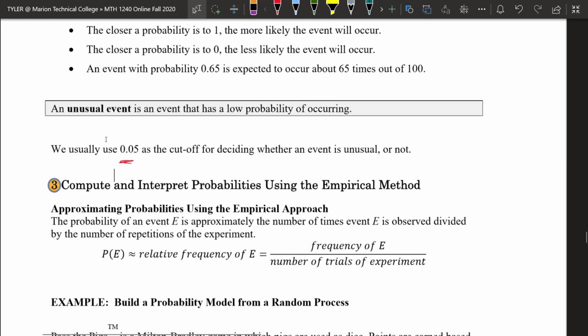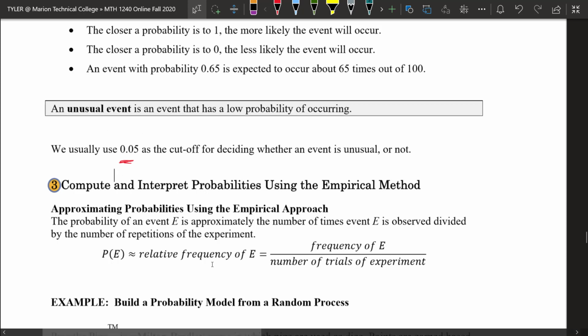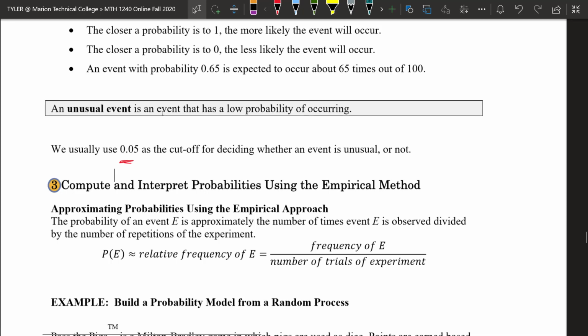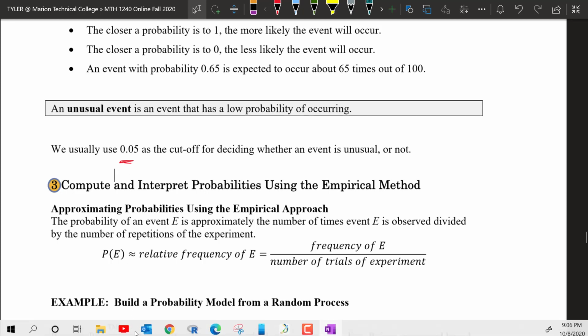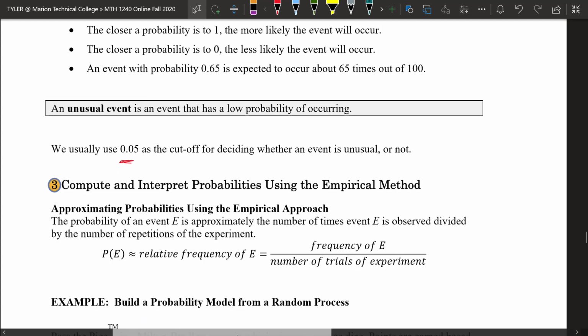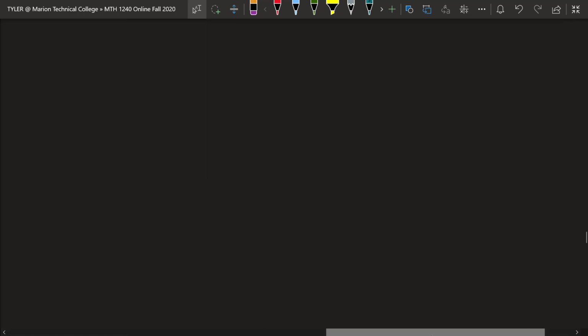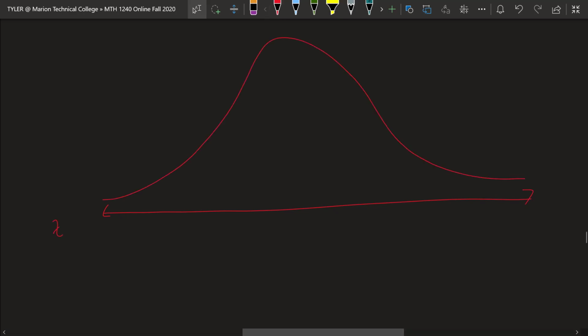But it was also related to finding unusual numbers, because if you remember back from the empirical rule, here's my z-axis and here's my normal model. In the middle is my z-score of 0, here's a z-score of 1, -1, 2, and -2.